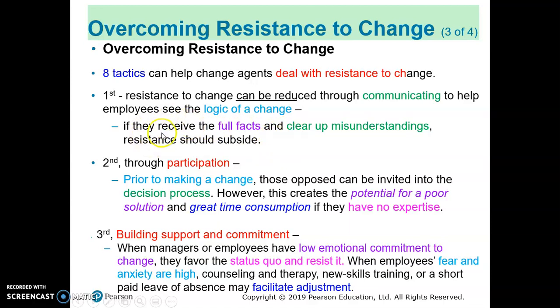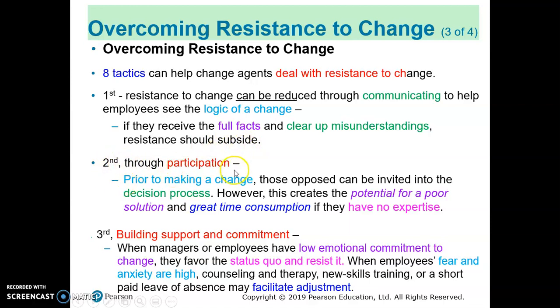So if employees receive the full facts and clear up all misunderstanding through communication, or by persuading them, by giving them facts, by clearing up misunderstanding, resistance to change could subside.